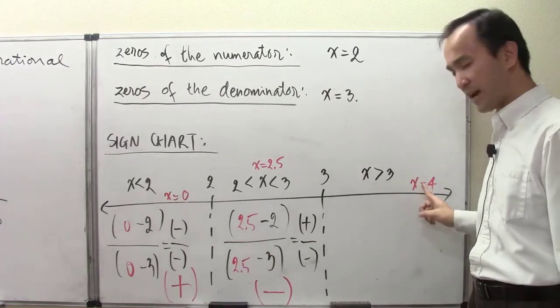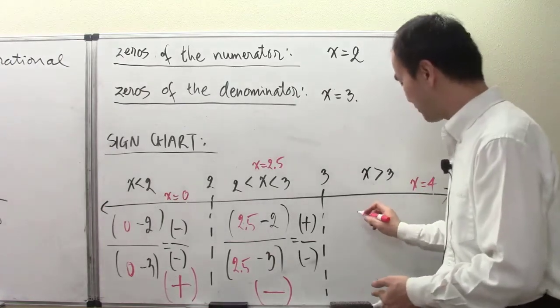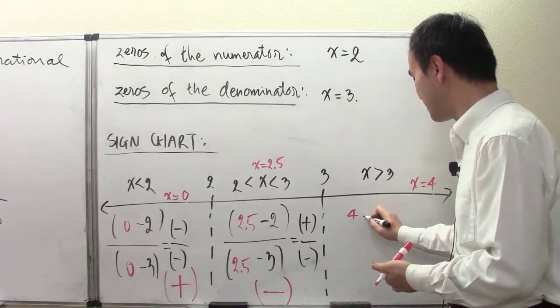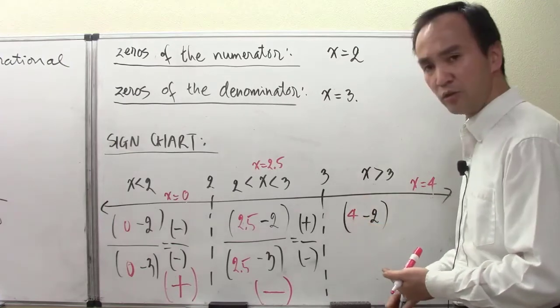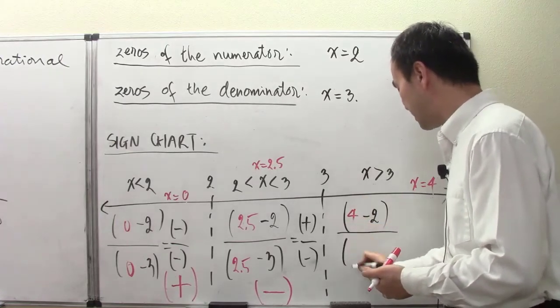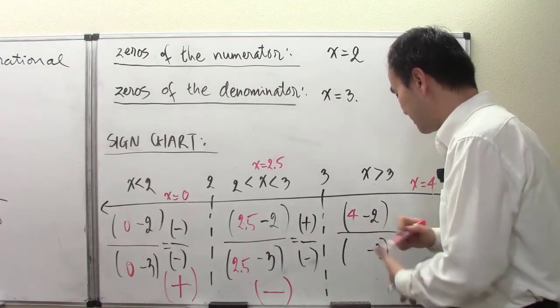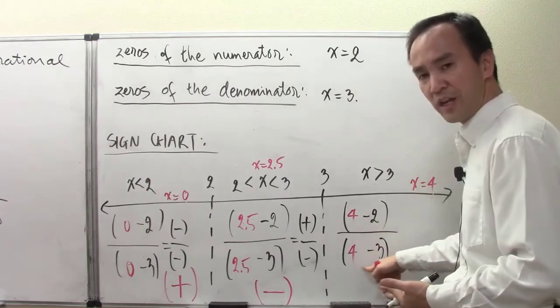We're okay with x equals 4. So I'm going to go 4 minus 2 as the factor in the numerator, and I'm dividing that by the linear factor 4 minus 3 in the denominator.